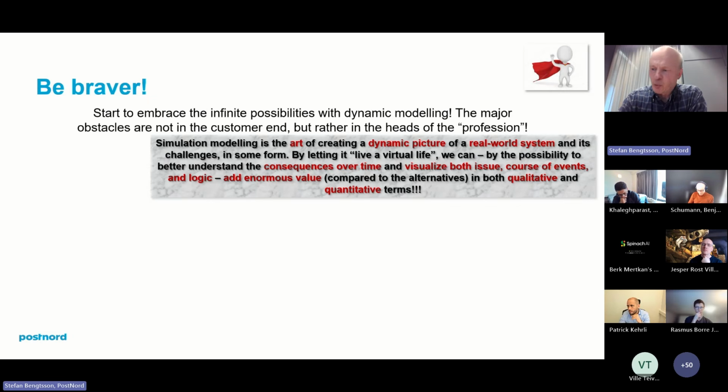By letting it live a virtual life, we can, by the possibility to better understand the consequences over time and visualize a bunch of things, we can add enormous value compared to the alternatives, both qualitatively and quantitatively.